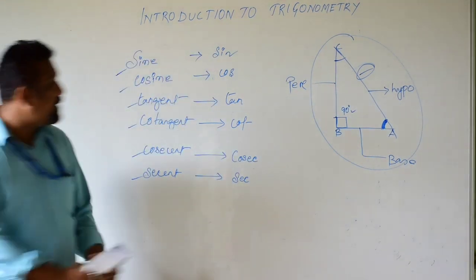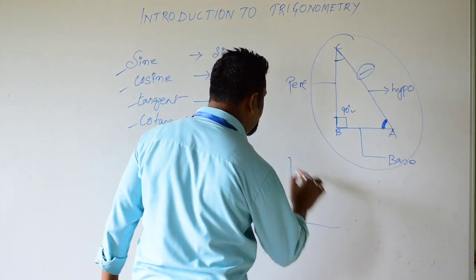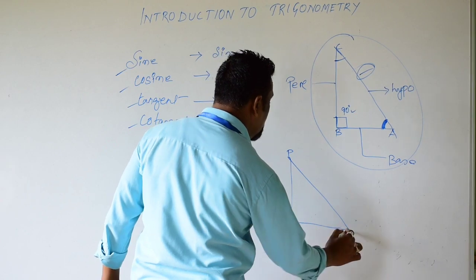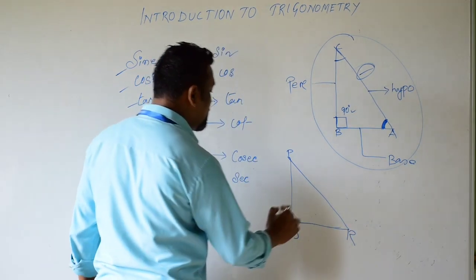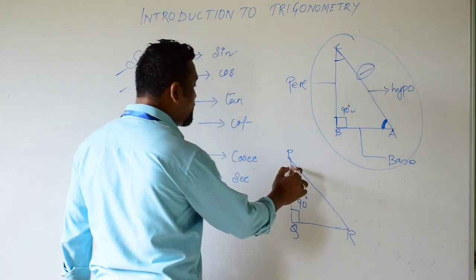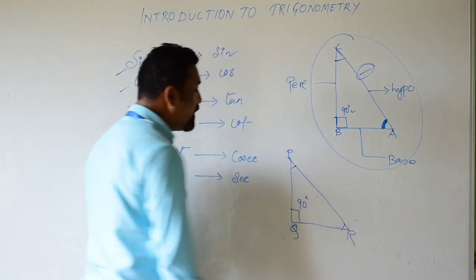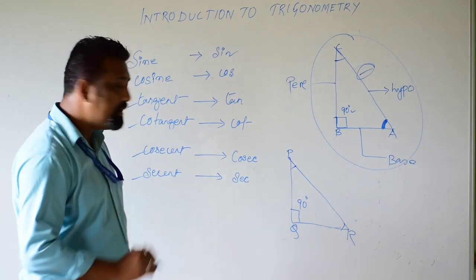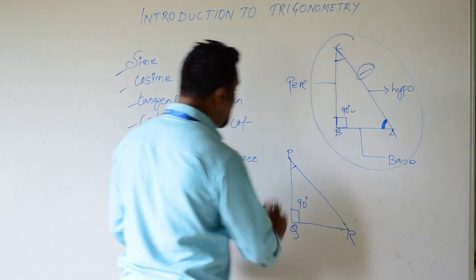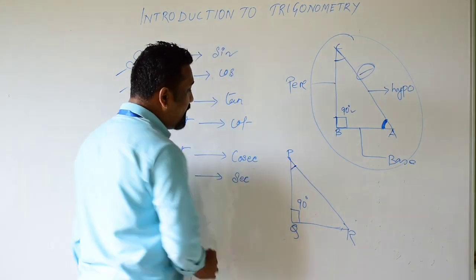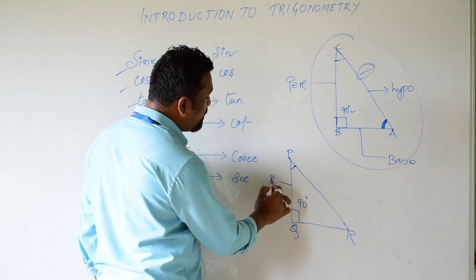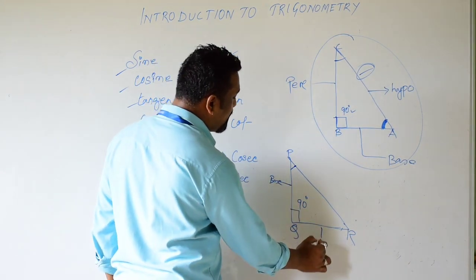Let's talk about another right angle triangle, P, Q and R. Here the right angle is at Q, which is making a 90-degree angle, and the other angles P and R are acute angles which are less than 90 degrees. If I take this acute angle, then I can say this is the base and this will become the perpendicular.